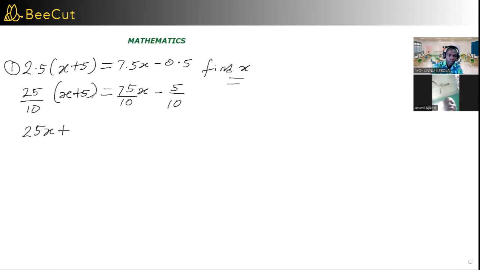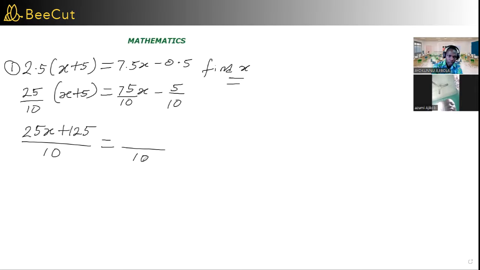Then what is 25 times 5? Yes, what is 25 times 5? That should be 125. Then it's over 10. So I have this as my LCM, or I can even reduce the bottom, or let me just use this. So over 10.